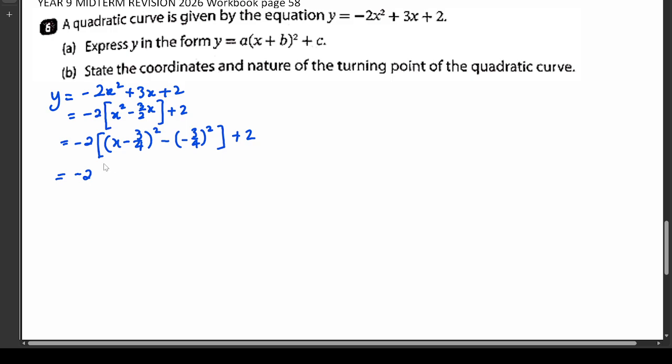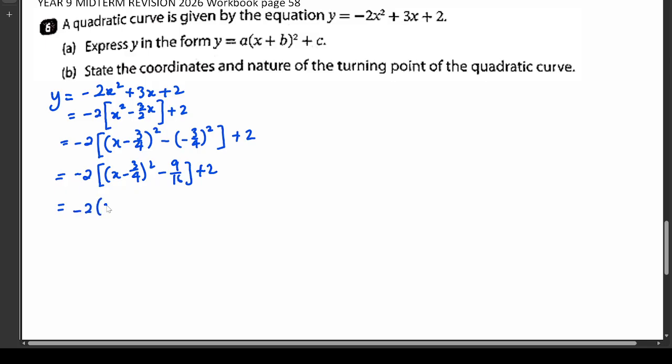Okay, the next step would be you process the number, which is 9 over 16. Okay, if again you do not know why it is 9 over 16, do your little calculation at the side. Then you can remove the square bracket by multiplying the -2.